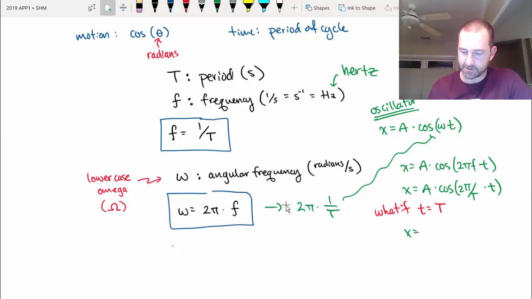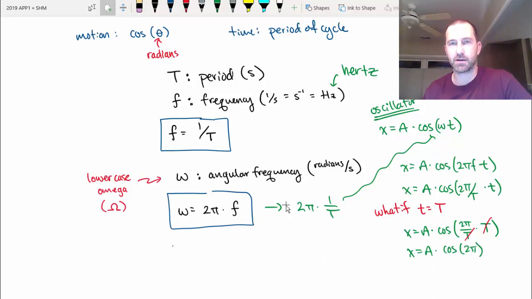We'd have x equals A times cosine of 2 pi over the period times the period. Lo and behold, the period cancels out, and we're left with x equals A times the cosine of 2 pi. And what's the cosine of 2 pi? It's 1. So this is just saying that x equals A at a time equal to the period.